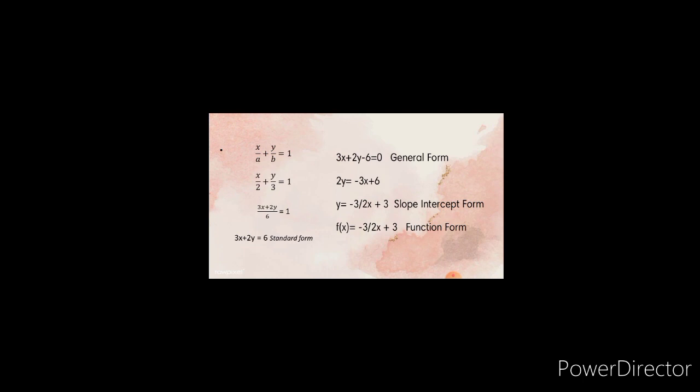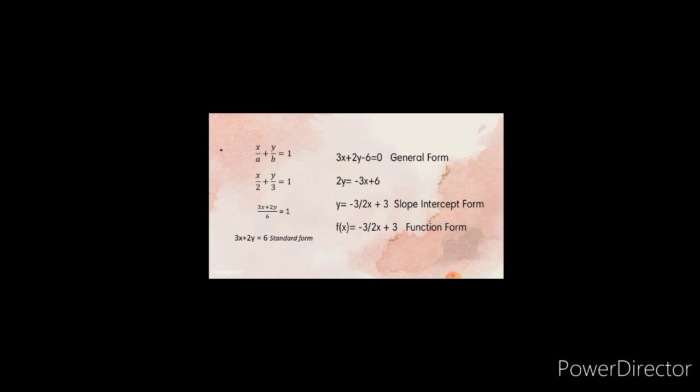Then we'll have the LCD. So 2 times 3 is equal to 6.